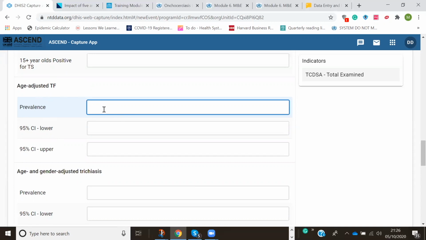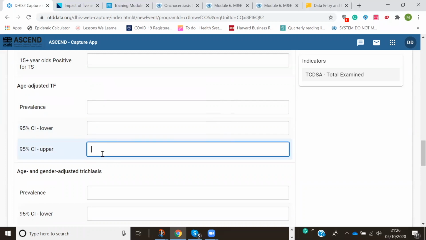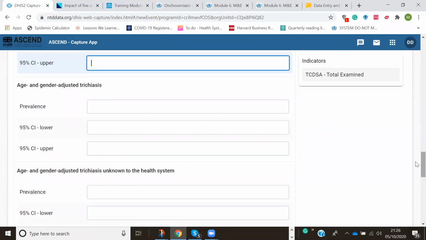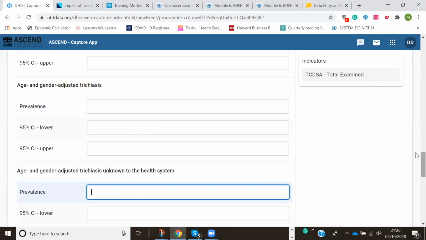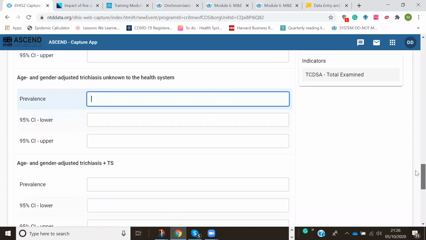Then you'll have to feed in the prevalence, and then the lower bound for the 95% confidence interval, and the 95% confidence interval upper bound for that same TF indicator. And then the same also applies for age and gender adjusted trichiasis. The same also will apply for age and gender adjusted trichiasis that are known to the health system.